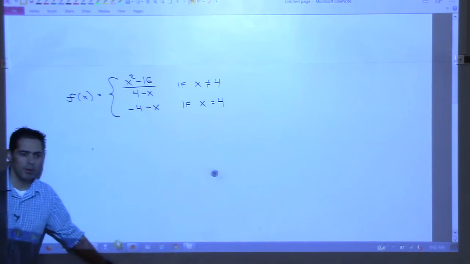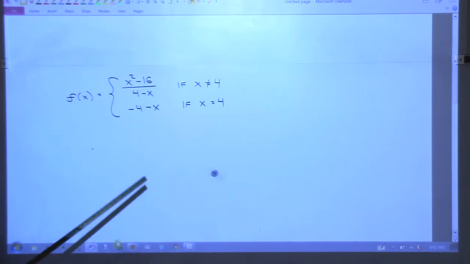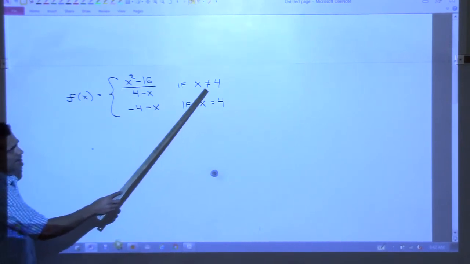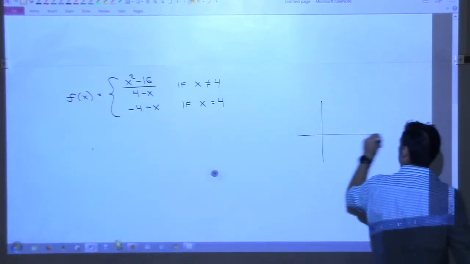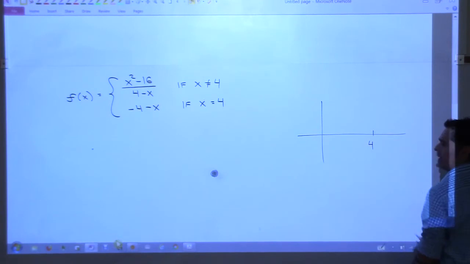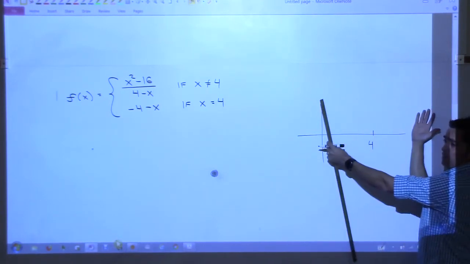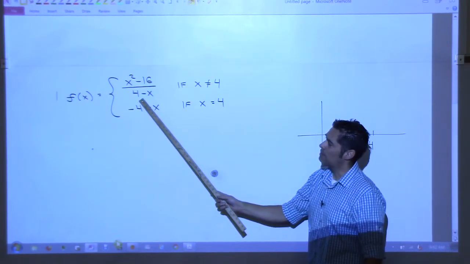At x equals 4. Now let's make sure we understand why. If x is not 4, that means to the left or to the right, either side of 4, then we're in this function. And what type of function is this?